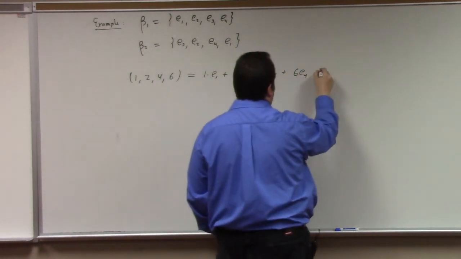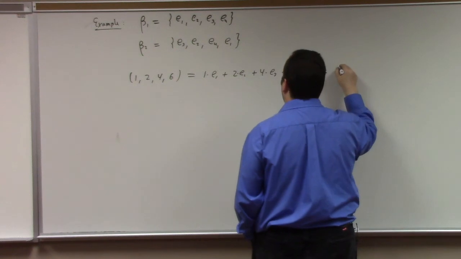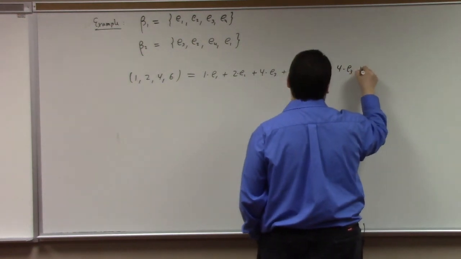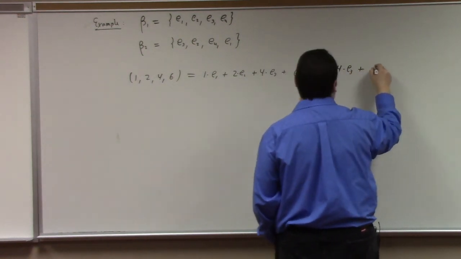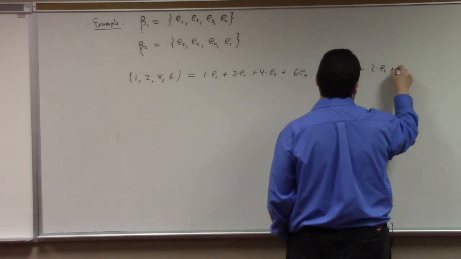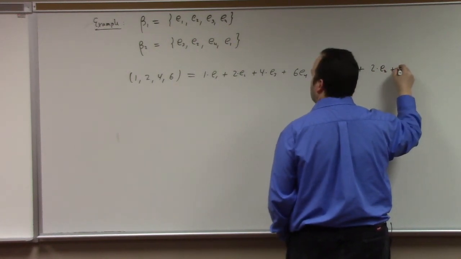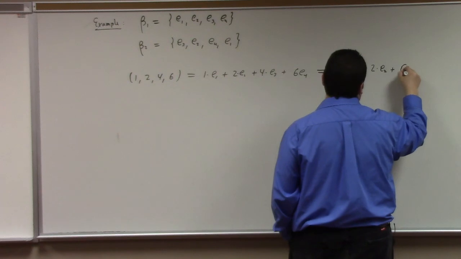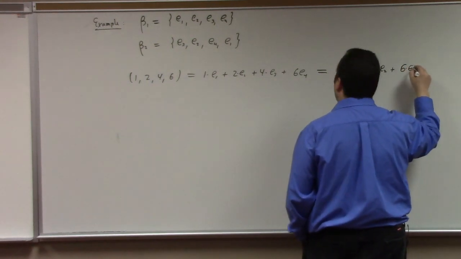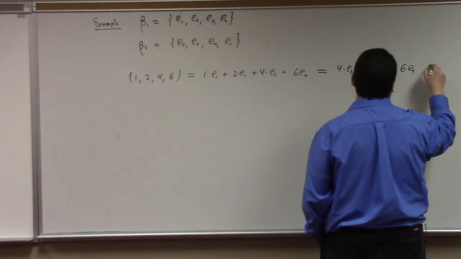And it's also, of course, equal to 4 times E3 plus 2 times E2 plus 6 times E4 plus 1 times E1.